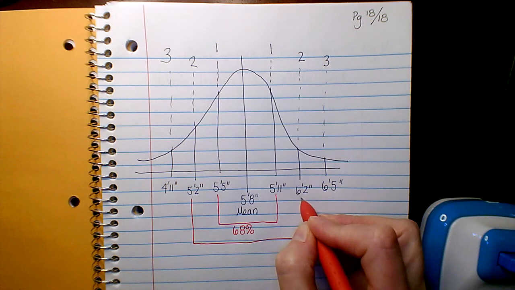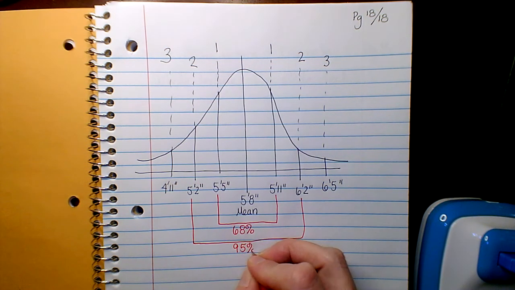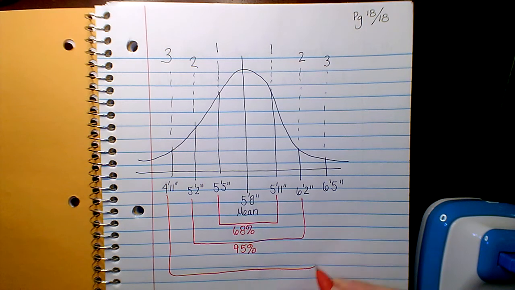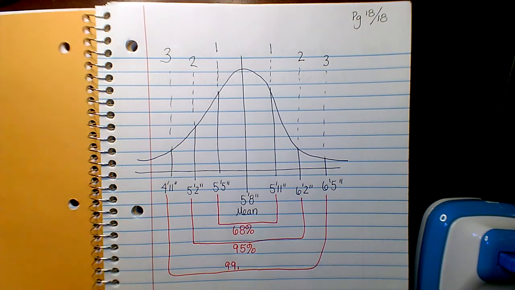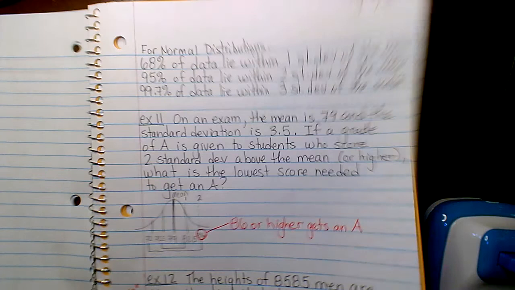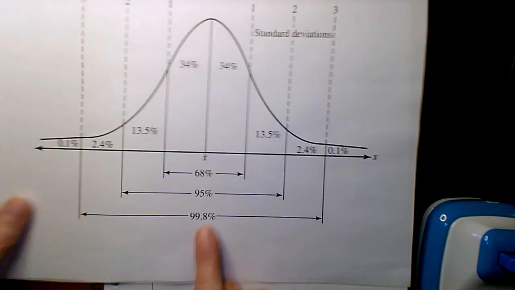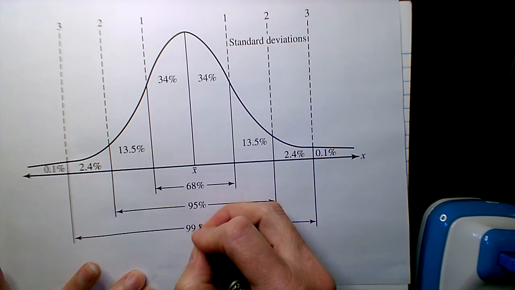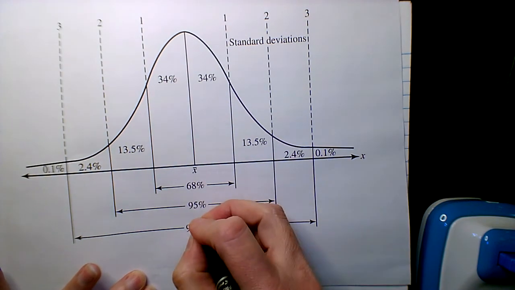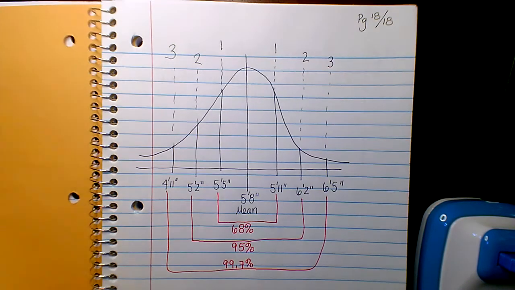Within 2 standard deviations is 95%, and then within 3 standard deviations is the 99, what did they use, 7 or 8? Oh, they used 7, okay. Oh, well that stinks, because the one that I found online said 8. That's cool. Watch me fix that. Boom, problem solved. Solving problems.